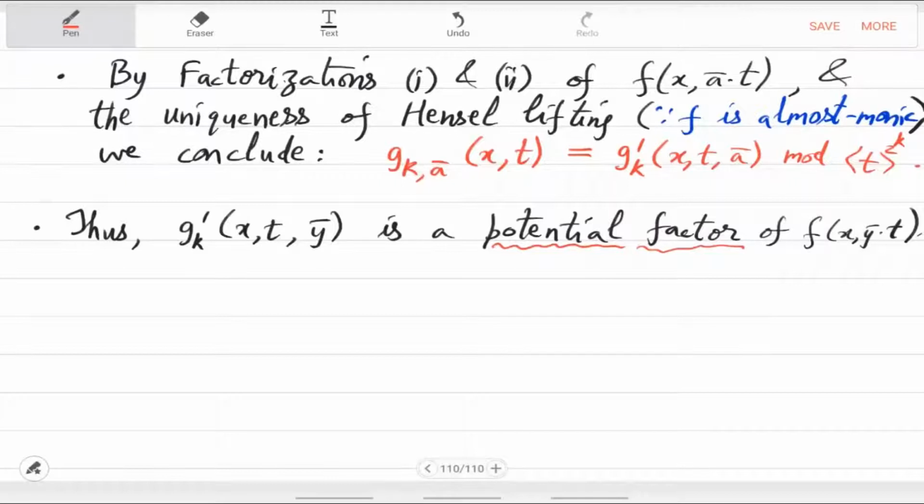In this situation, we will do what we did before. Recall the case of bivariate factoring. In bivariate factoring, we were in a similar situation. We had a potential factor mod an ideal power, and we wanted to deduce an actual factor. So what did we do? We solved a linear system.